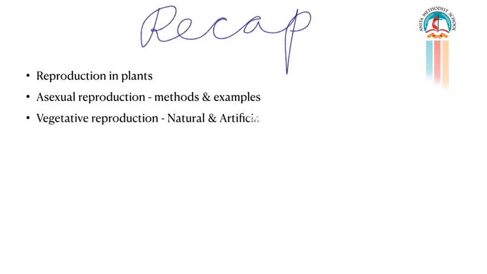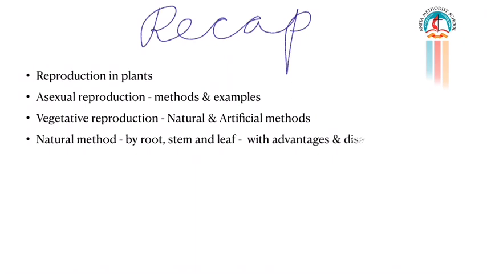Let's recall what we learned in today's class. First, we started the topic reproduction in plants. Later, we learned about asexual reproduction, the methods and the examples. Then, vegetative reproduction, the natural and the artificial methods of vegetative reproduction, and the natural method by root, stem and leaf with advantages and disadvantages.